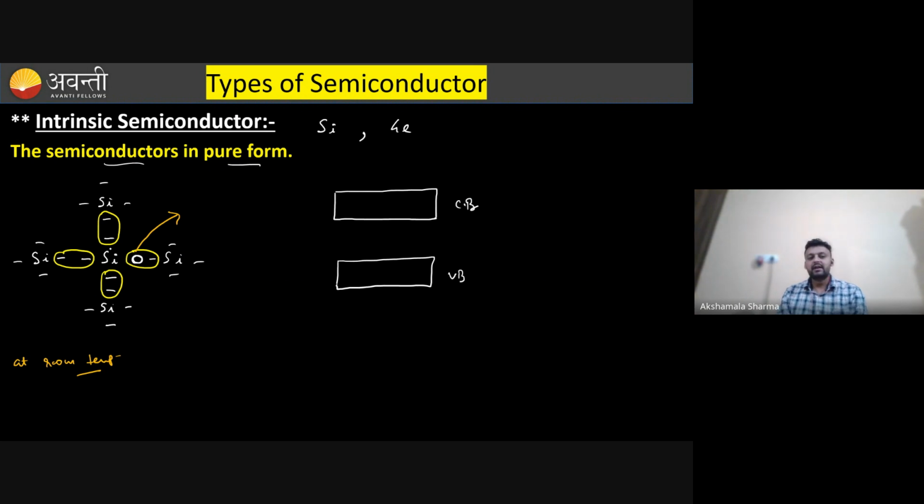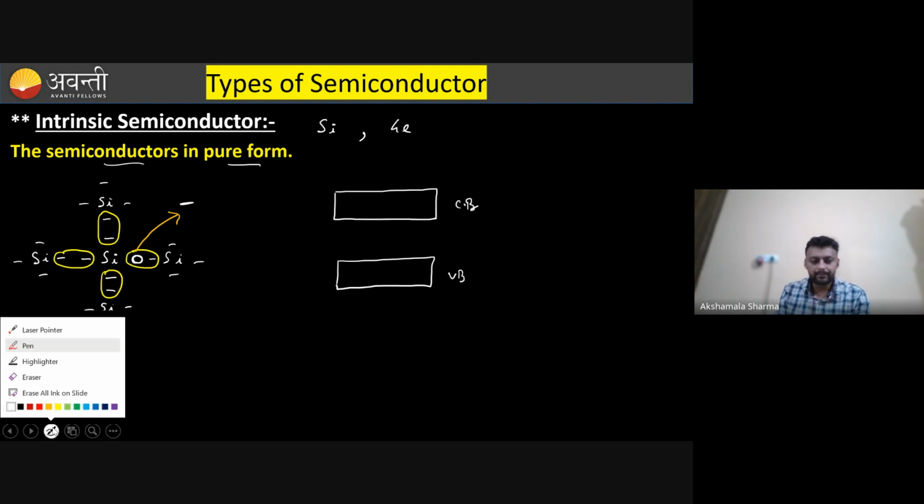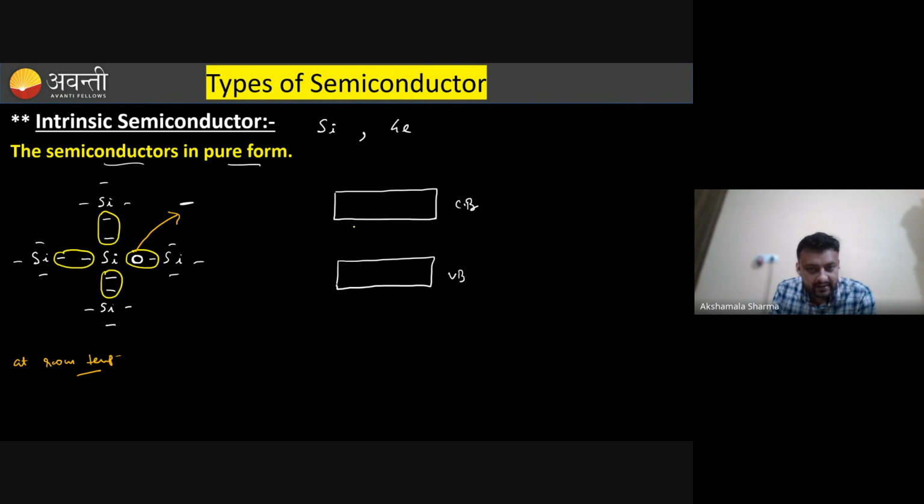Everybody knows that. And this free electron is free. So in the band diagram, some electron may jump from the valence band to the conduction band like this, leaving behind a hole.